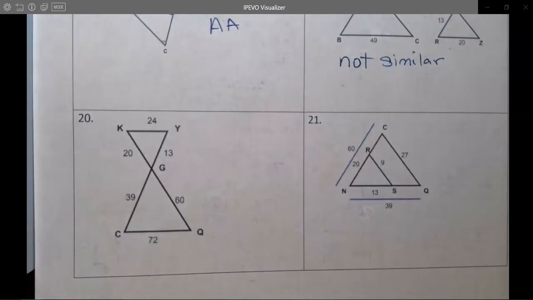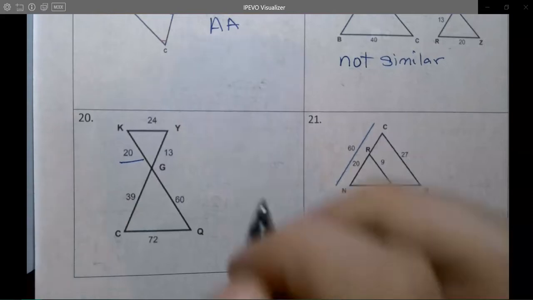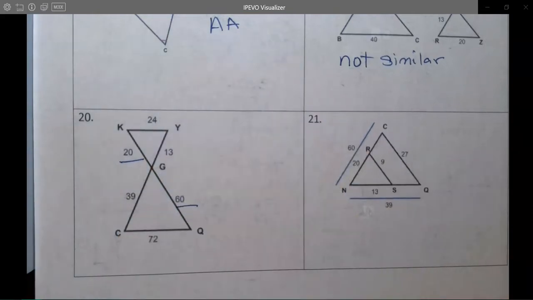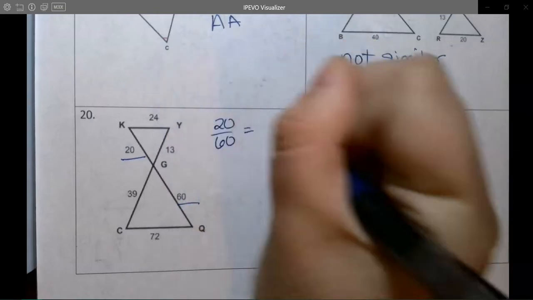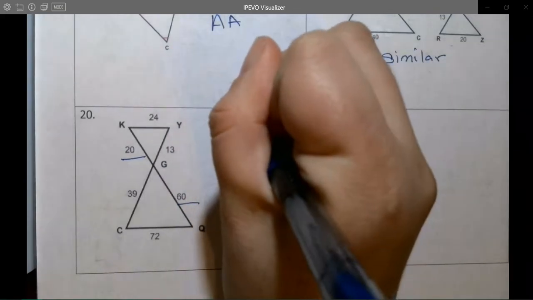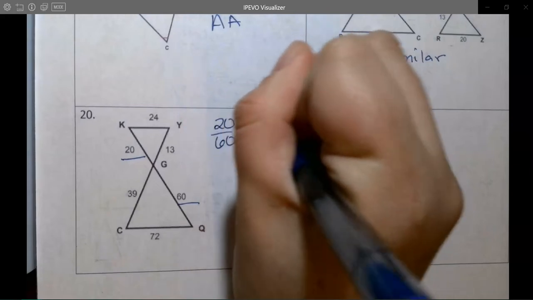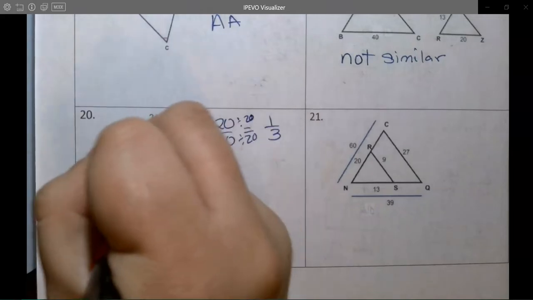Over here on number 20, I want to go ahead and match up sides. So I am going to match up this 20 to the 60. And I'm going to do the smaller one on top. If I simplify this fraction, both of those numbers are divisible by 20, which gets me 1/3. I'm going to go ahead and check out another side length. So I have 13 and 39.